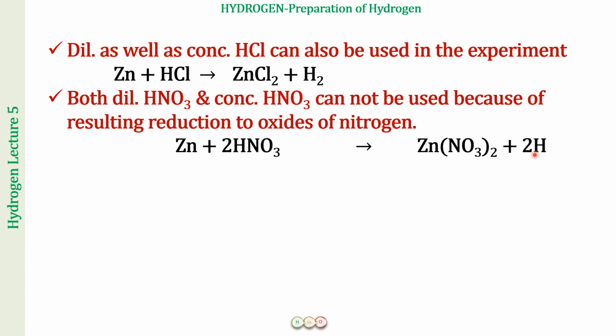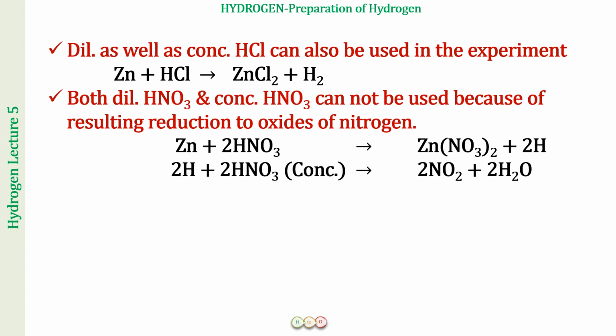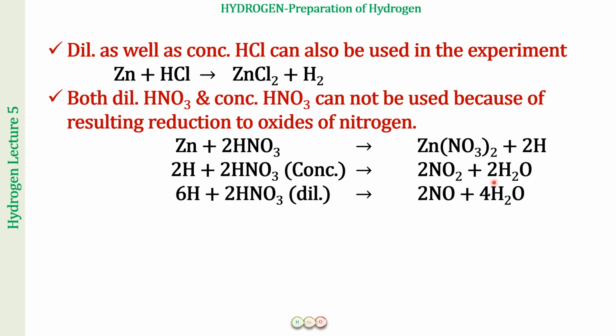Now, what happens is this nascent hydrogen can react further with HNO3. If this is concentrated HNO3, what will be formed is correspondingly NO2 and water. And if it is dilute HNO3, what will be formed is NO plus water. So the oxides of nitrogen are formed rather than hydrogen being evolved. So we do not use dilute or concentrated HNO3.